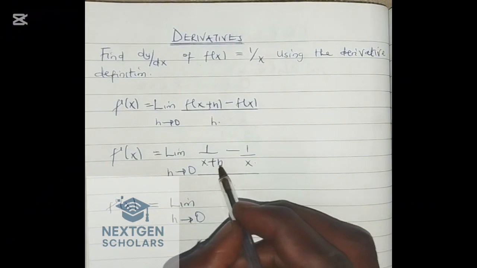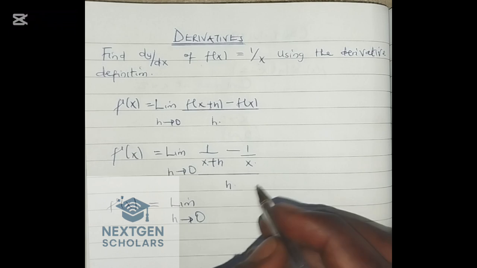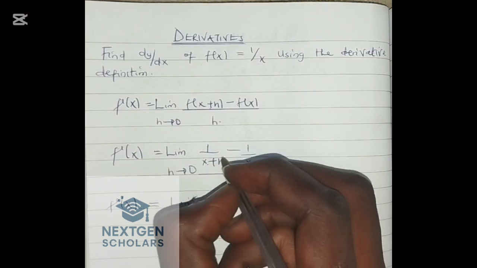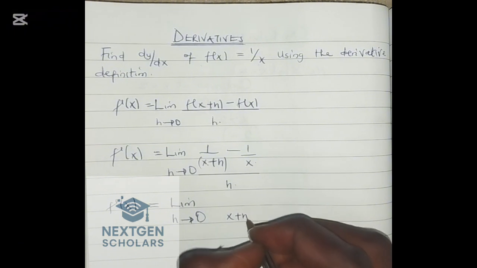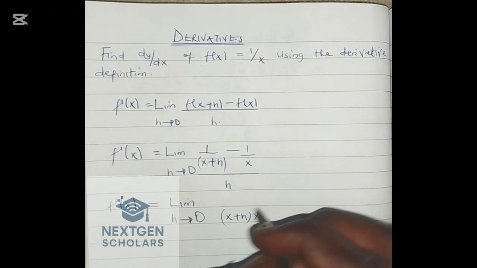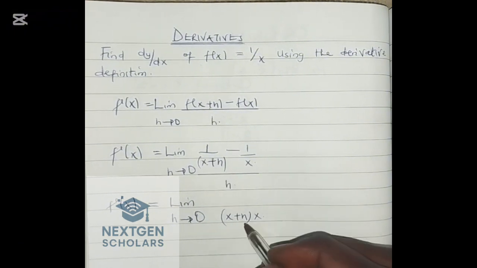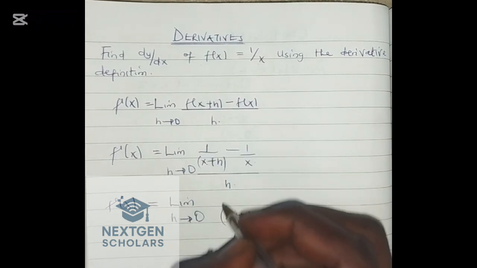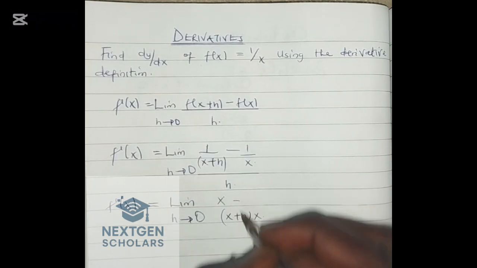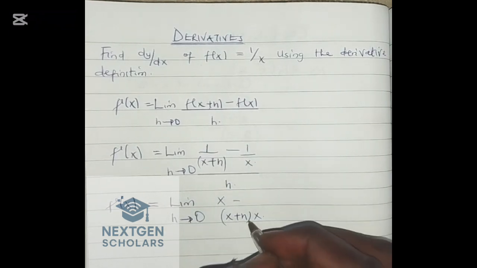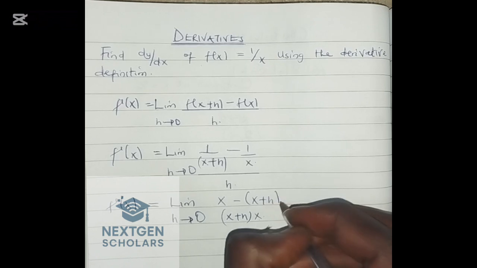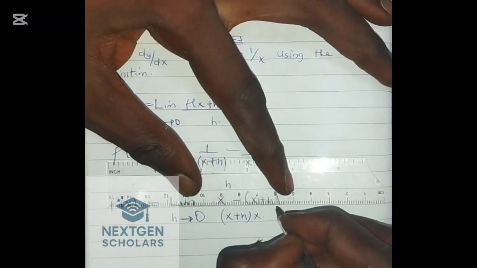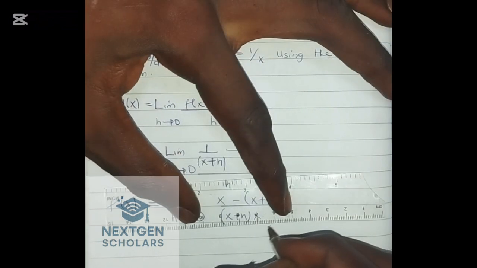Here we are supposed to find the LCM basically. So let's do that. The LCM of these two is simply x plus h into x. Then x times 1 is simply x, minus x plus h times 1, which is simply this. So we have x plus h all over h.